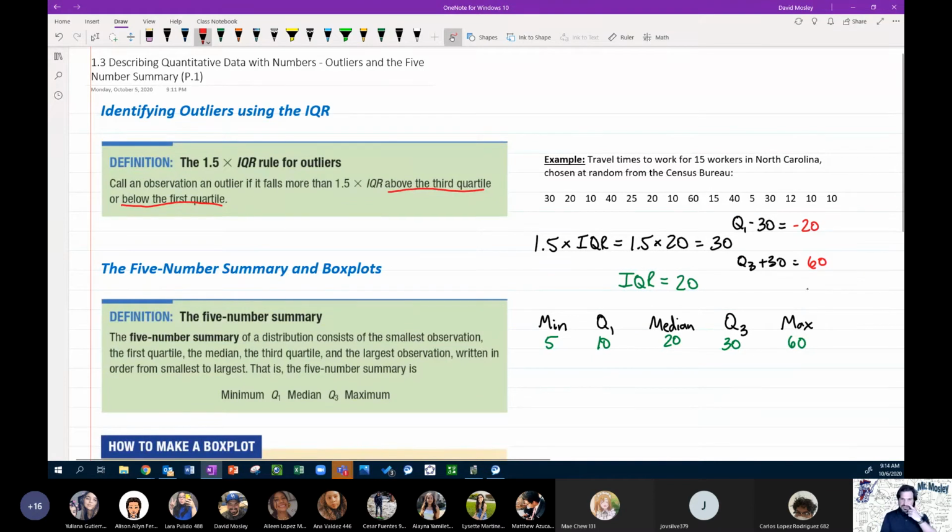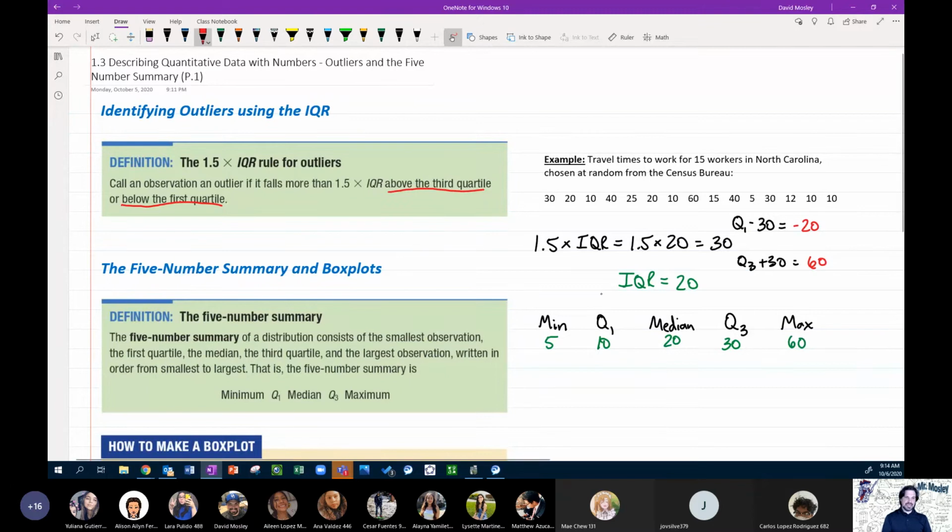So based on these, I don't have any outliers. My maximum is 60. I have to be greater than 60 to be an outlier on that upper side. I definitely don't have any negative travel time, so I don't have anything on the lower end.